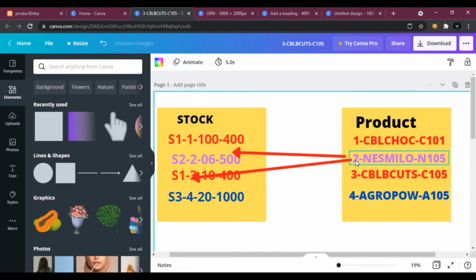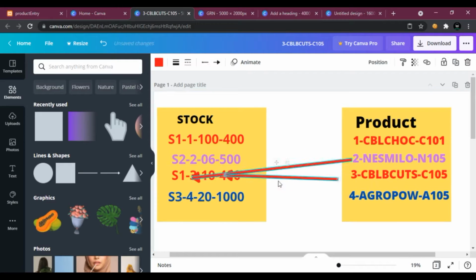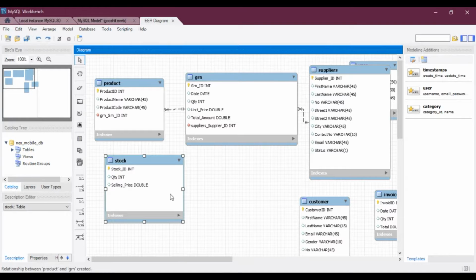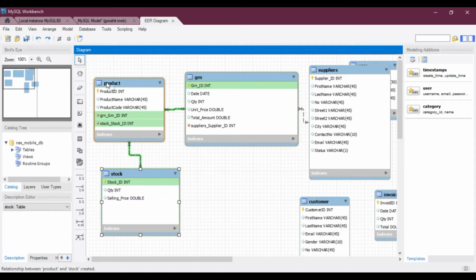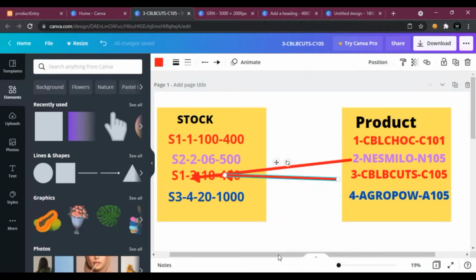So one product can be contained in one stock, and one stock can contain multiple products, so it's a one-to-many relationship. So this is the relationship between stock and the product. One stock can contain multiple products and one product can be contained in one stock.